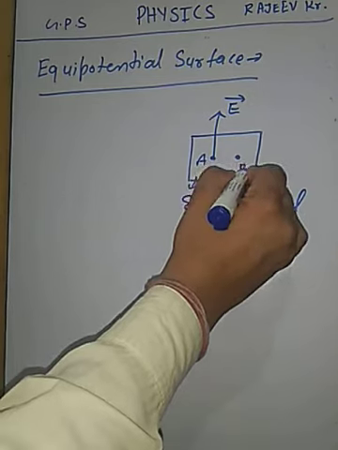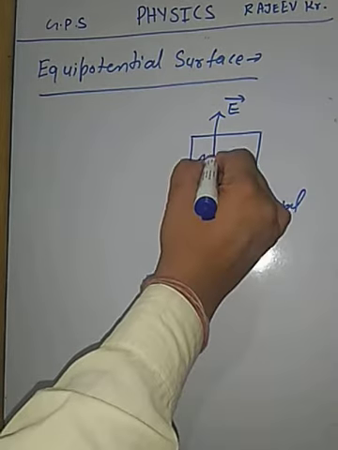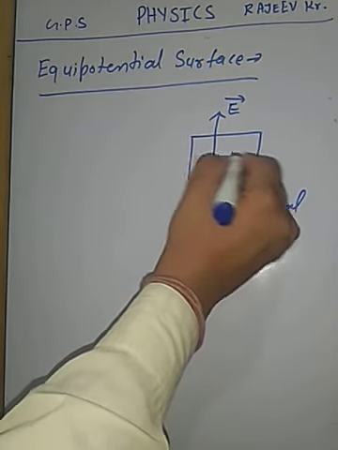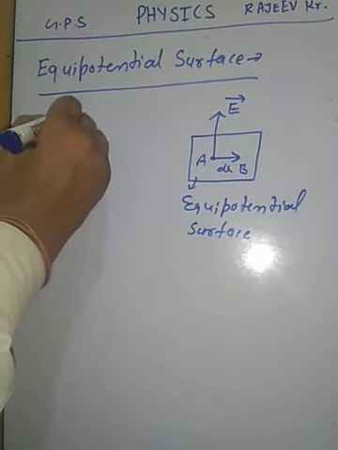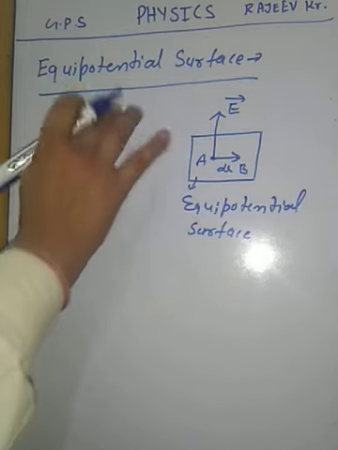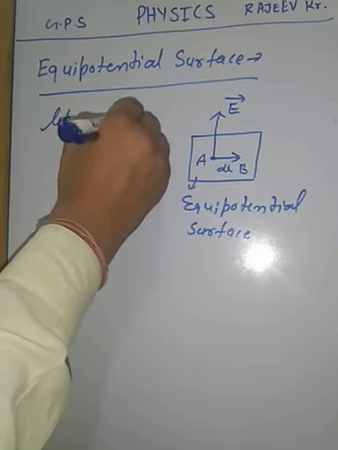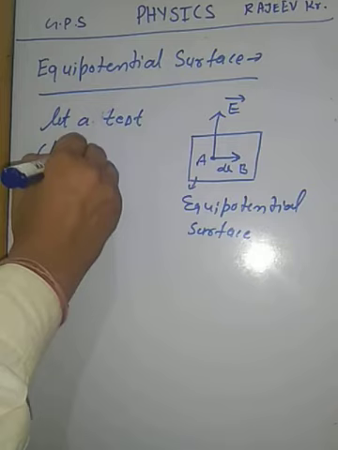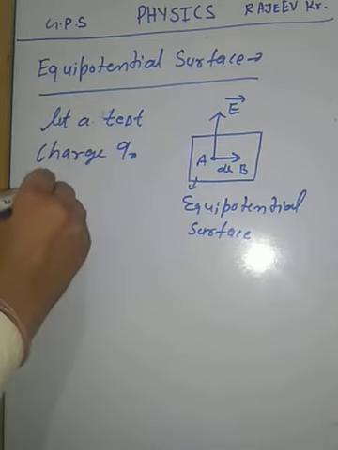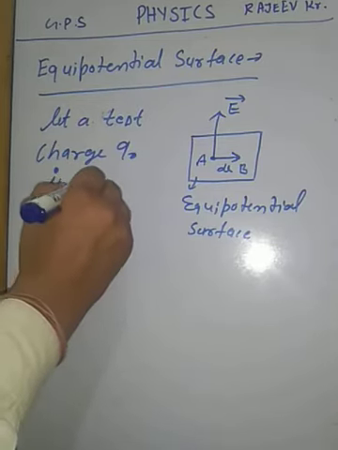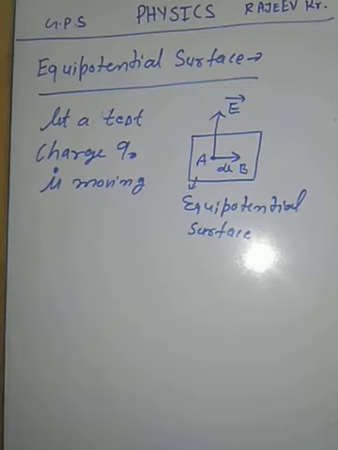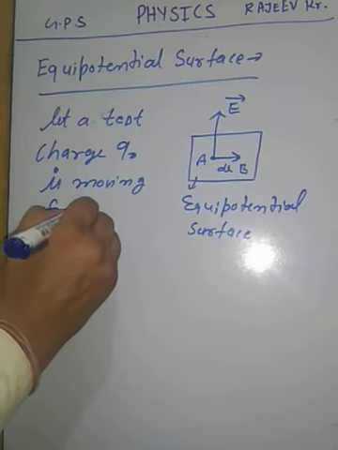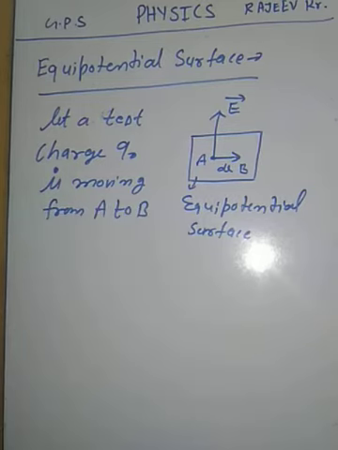This is another point B. The separation from A to B is, suppose, dl, and let a test charge Q naught be moving from A to B on an equipotential surface.